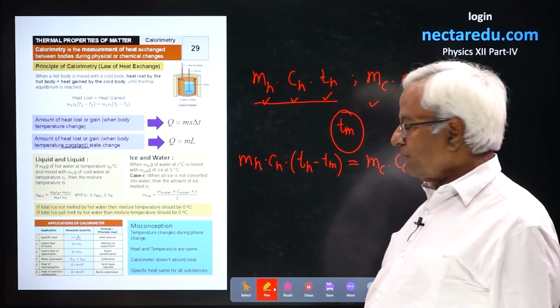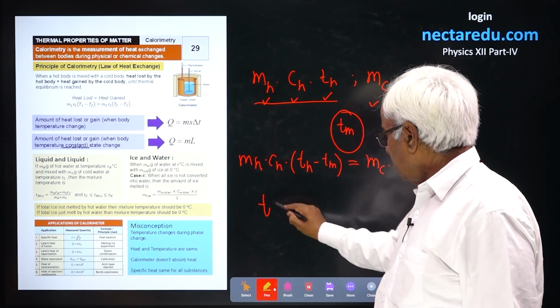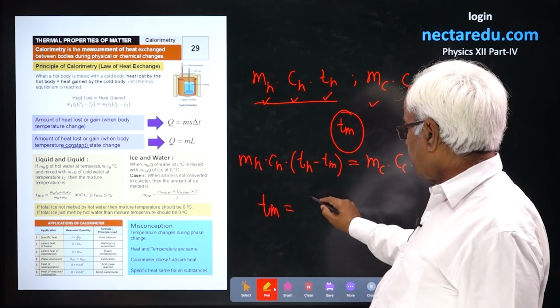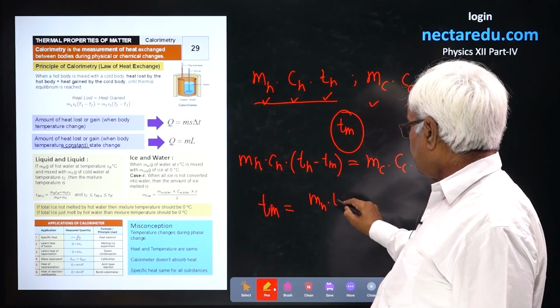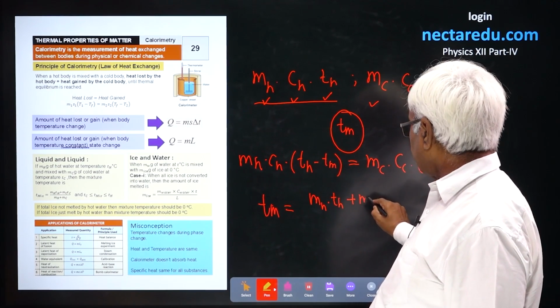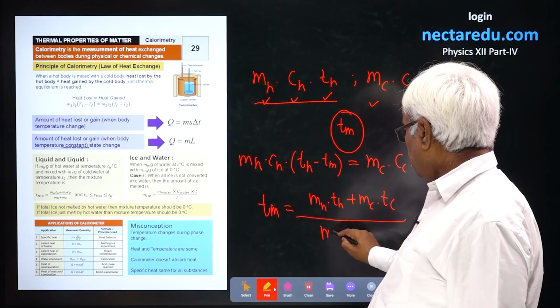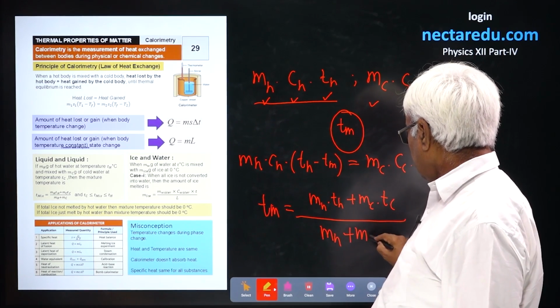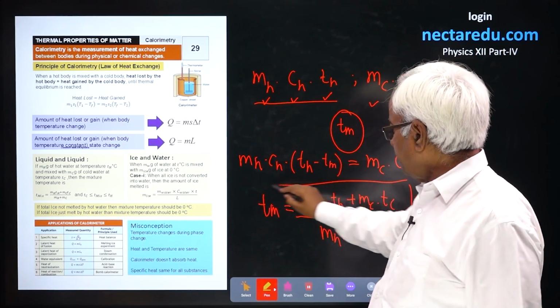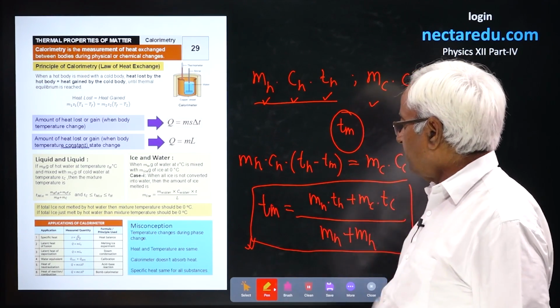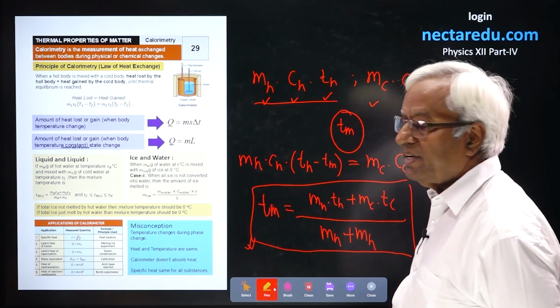By solving this equation and isolating Tm, you are going to get this relation: mH TH plus mC TC upon the mass of both of the liquids, that is the total mass. This becomes the formula for the temperature of the mixture.